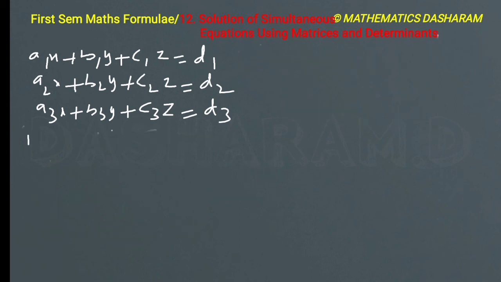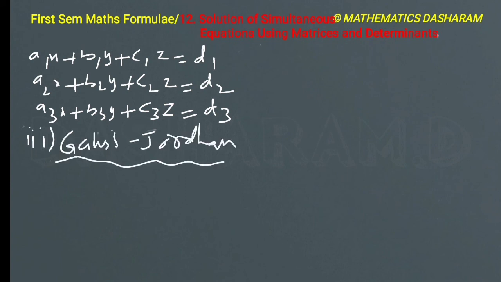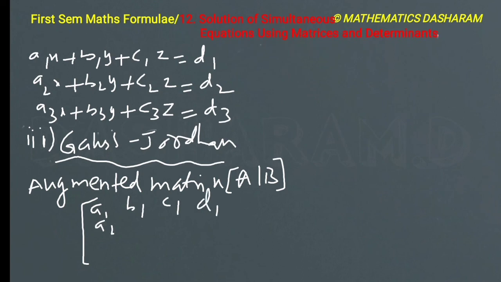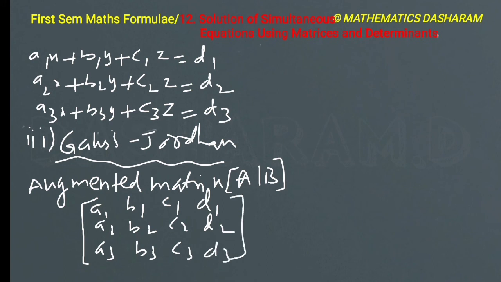Next, the third one is the Gauss-Jordan method. In this method, first we need to take the augmented matrix, denoted with A by B. Augmented matrix means a1, b1, c1 and beside it d1, a2, b2, c2, d2, a3, b3, c3, d3. It is called an augmented matrix.